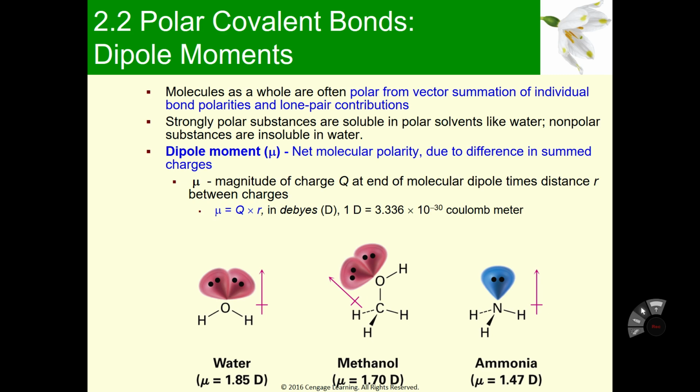Dipole moment is defined by the amount of charge multiplied by the distance between the two particles. But the dipole moment is a vector quantity, so it has a size and also a direction.